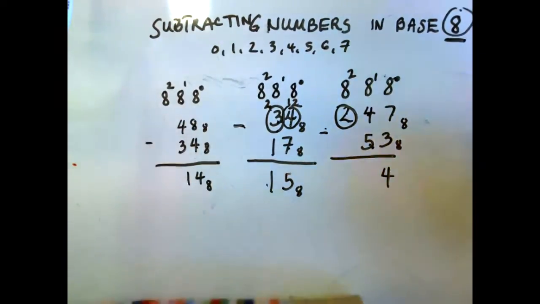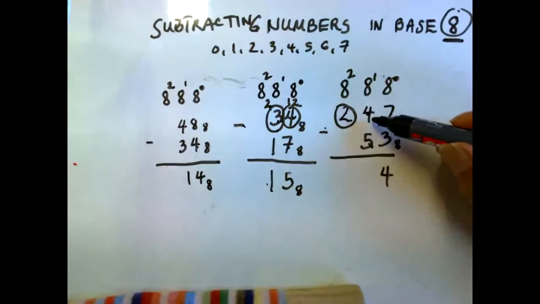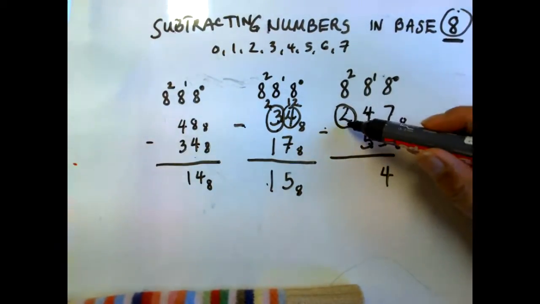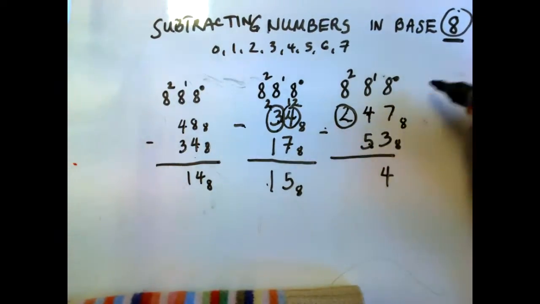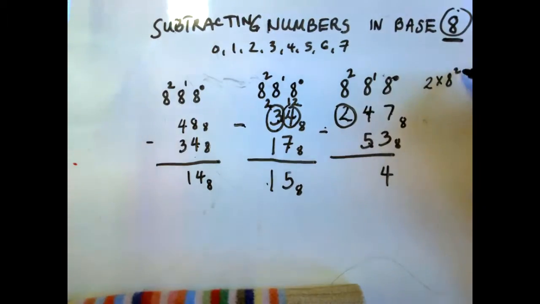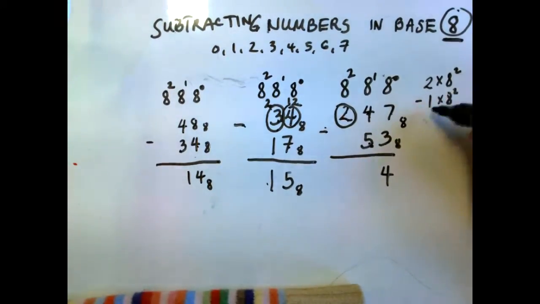Okay, let's put it. So 4 less 5, we cannot do it, so we have to borrow from the 2. The 2 there is essentially 2 groups of 8 squared. Less 1 group of 8 squared, you have 1 left.